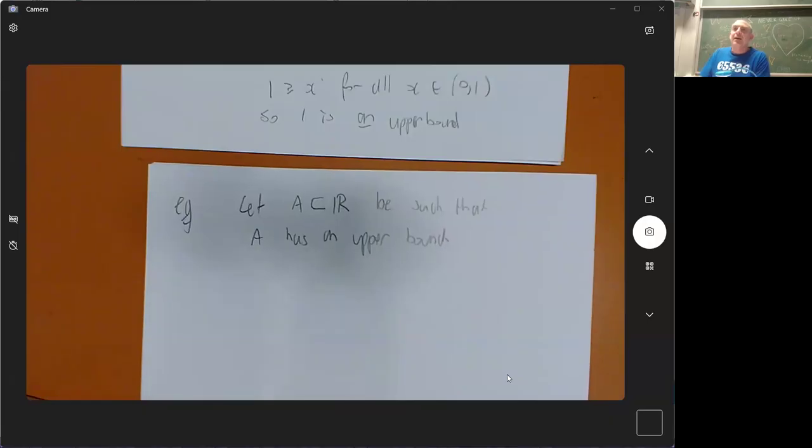And then the theorem, possibly axiom, says that it has a least upper bound. Is that an axiom? Axiom of completeness. Yeah, that's actually an axiom, right? That every set that has an upper bound has a least upper bound. Okay. I couldn't remember if it was a theorem or an axiom.